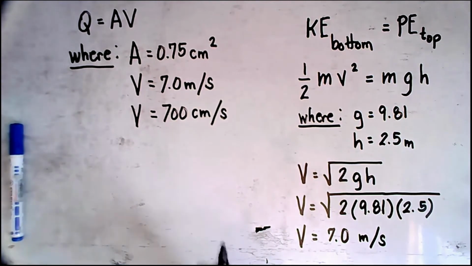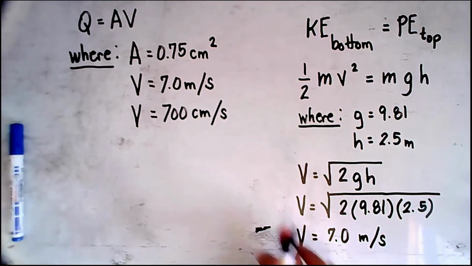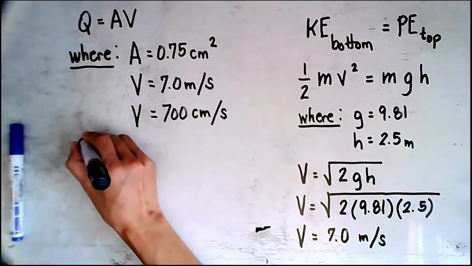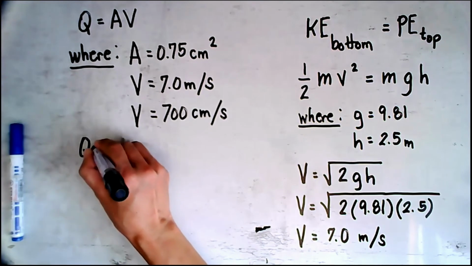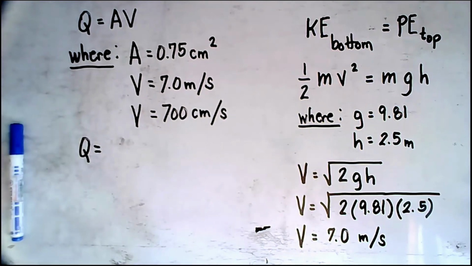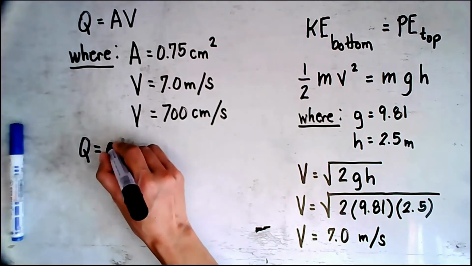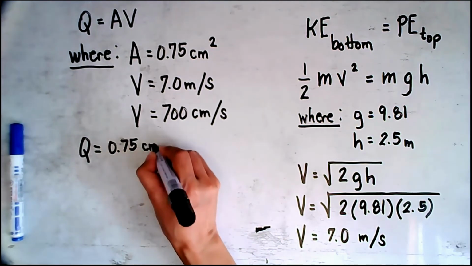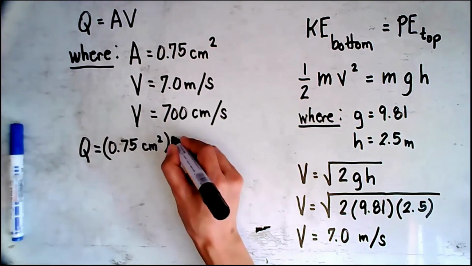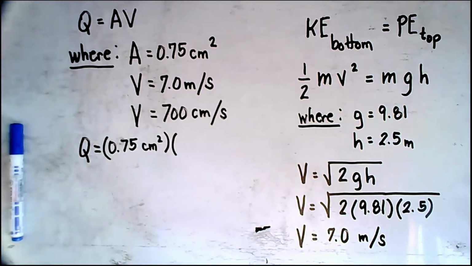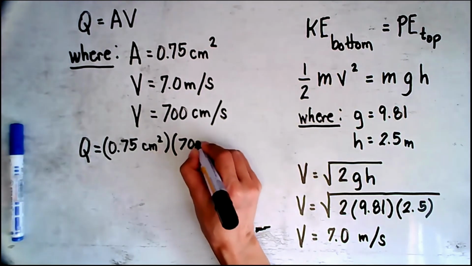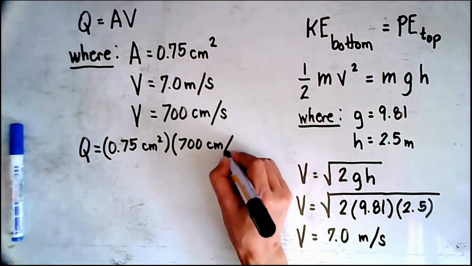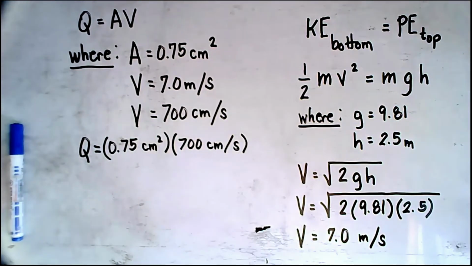Now we can use the velocity and the area to determine the discharge, where Q is 0.75 square centimeter multiplied by 700 centimeters per second.